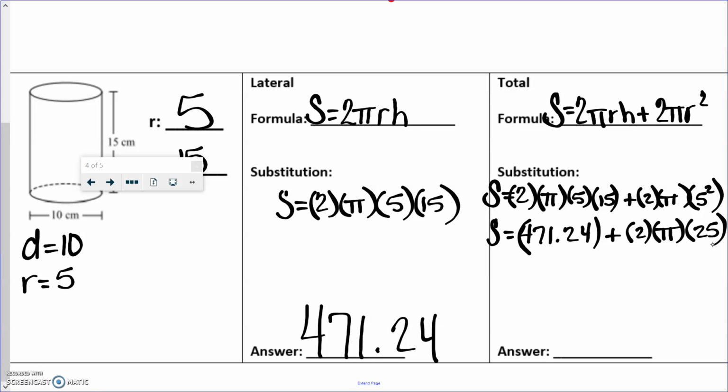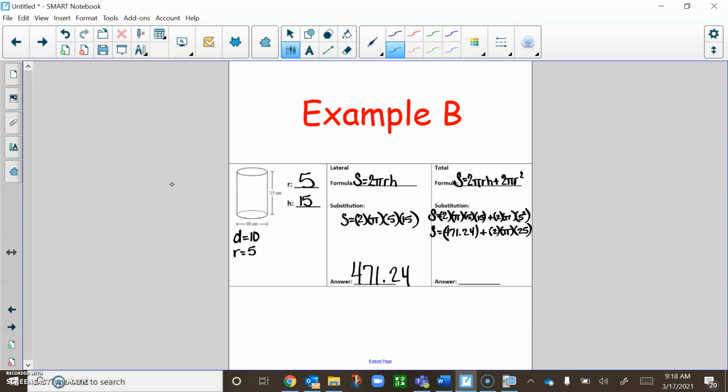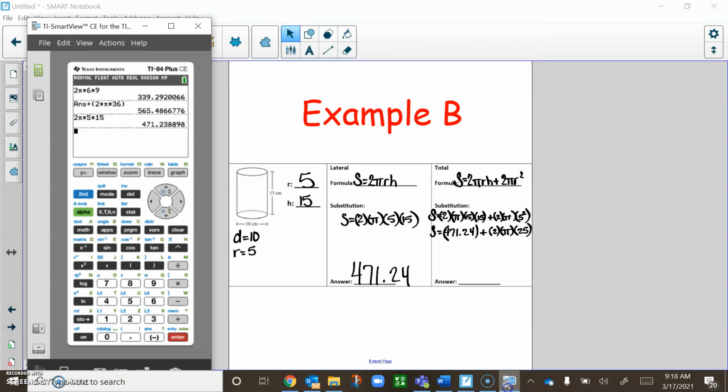Now, there's another way you can put this in the calculator. We already have our surface area, correct? So we're just going to press the addition button, because that takes our answer from our lateral surface area. Then we put in parentheses 2 times pi times 5 squared. You can put it in that way as well.